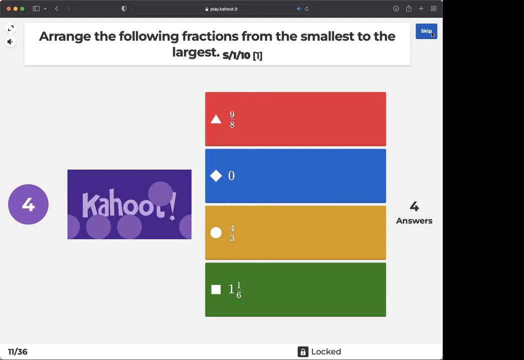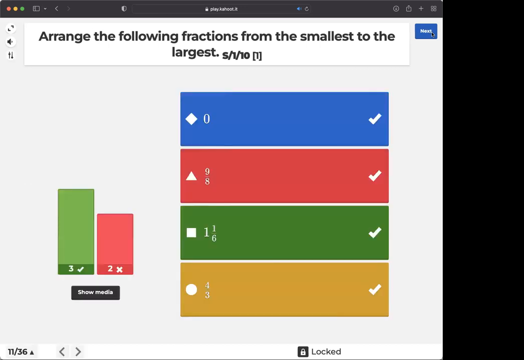Last 5 seconds. Okay. This is the smallest, all of you know.